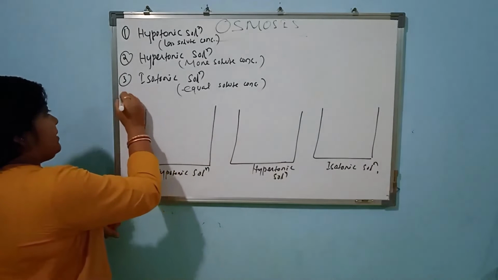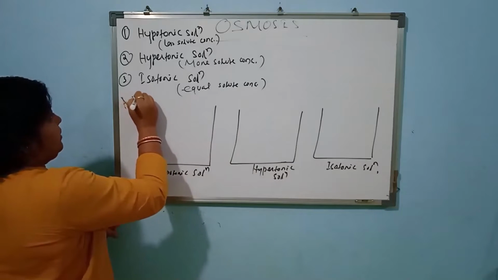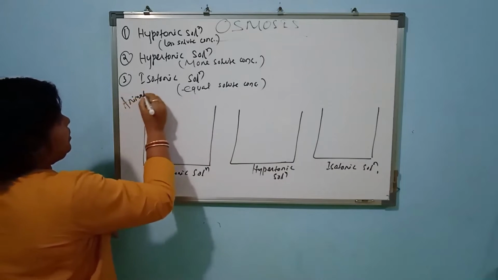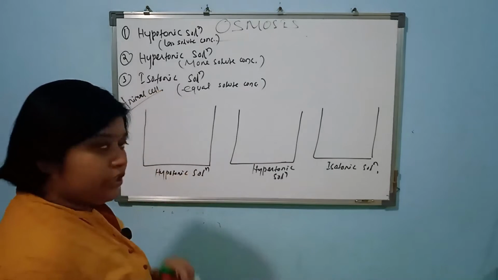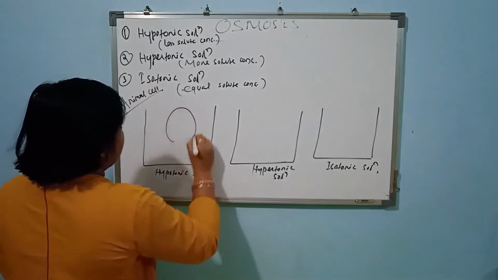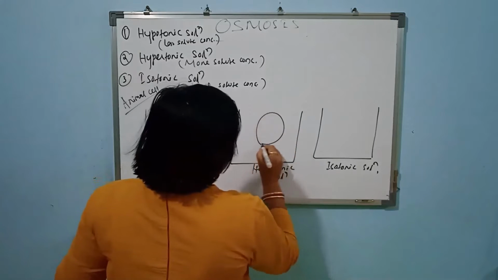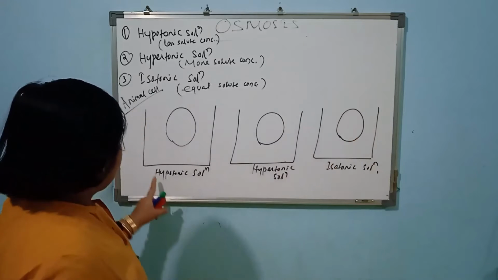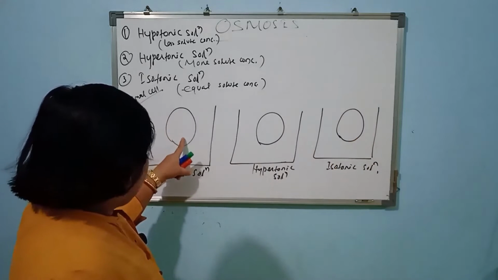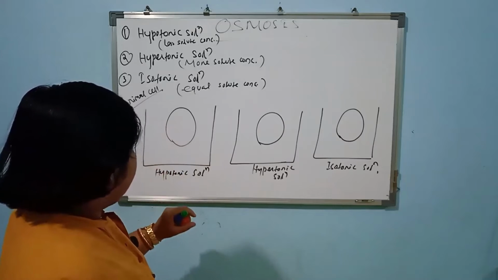We will take animal cell and plant cell. First we will take animal cell. This is one animal cell, this is also one, this is also one. First we will keep one animal cell in hypotonic solution.